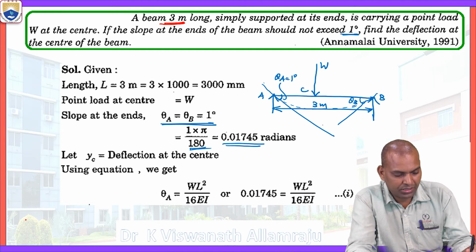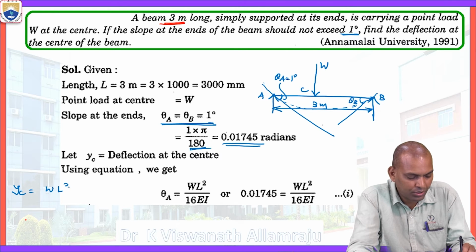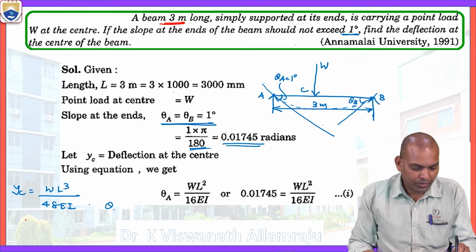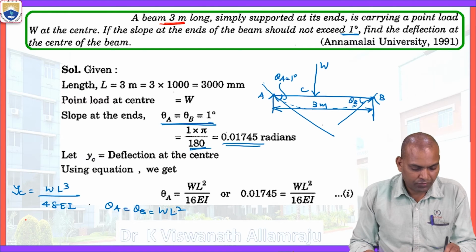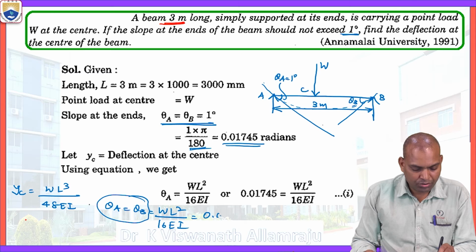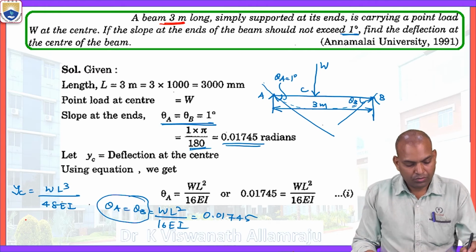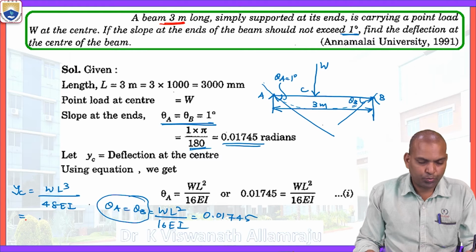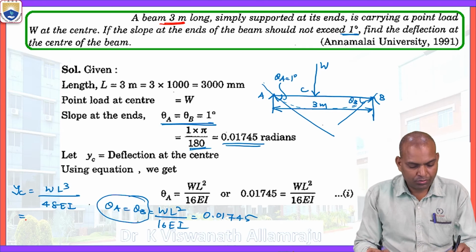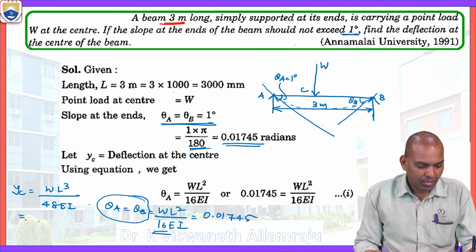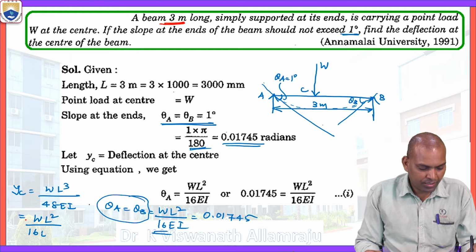We know the deflection at the center YC equals WL cubed by 48 EI, and the slope theta A or theta B equals WL square by 16 EI. So we divide the deflection equation into two parts, one related to the slope and another in terms of the span: WL square by 16 EI multiplied by L by 3.